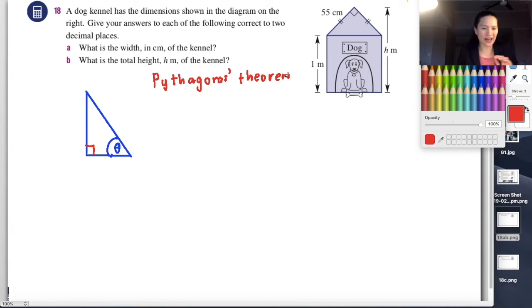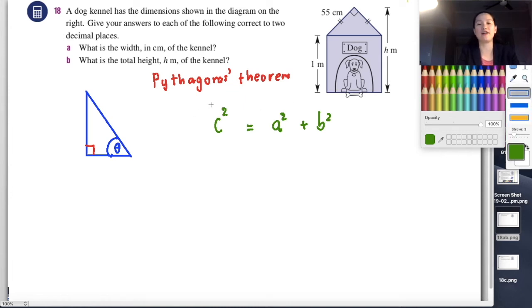You will know that, okay? If you remember, c squared equals a squared plus b squared. But we need to understand about the formula. What are they? First, I would like to show you here. Very quick.